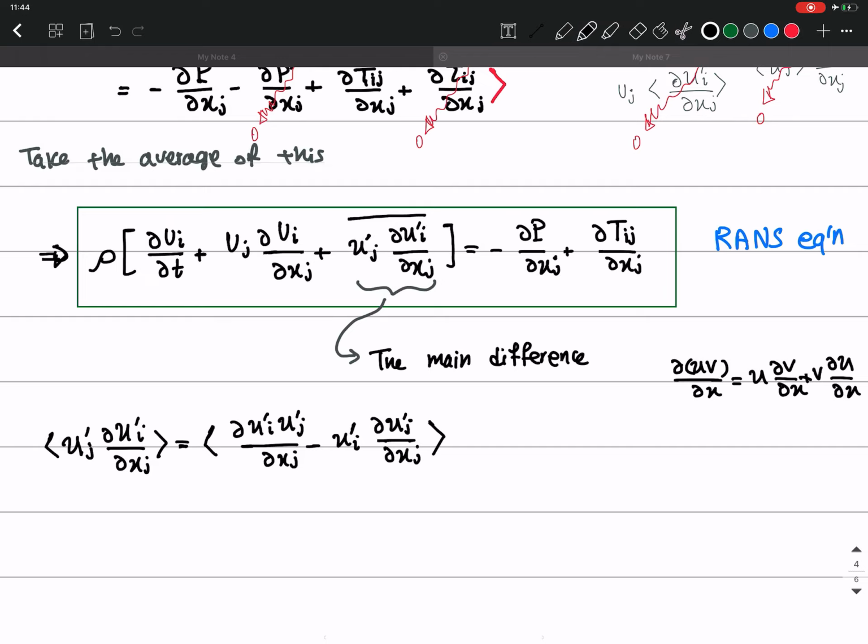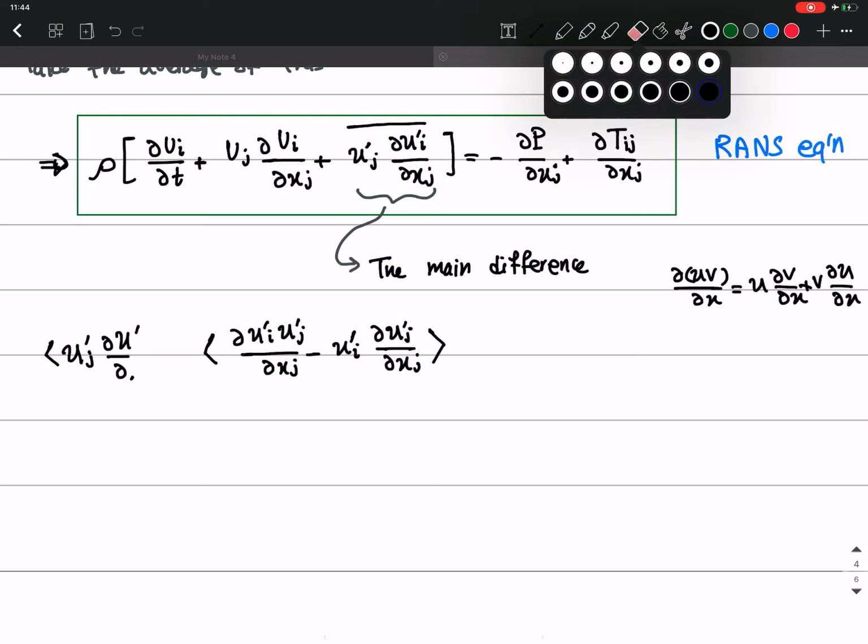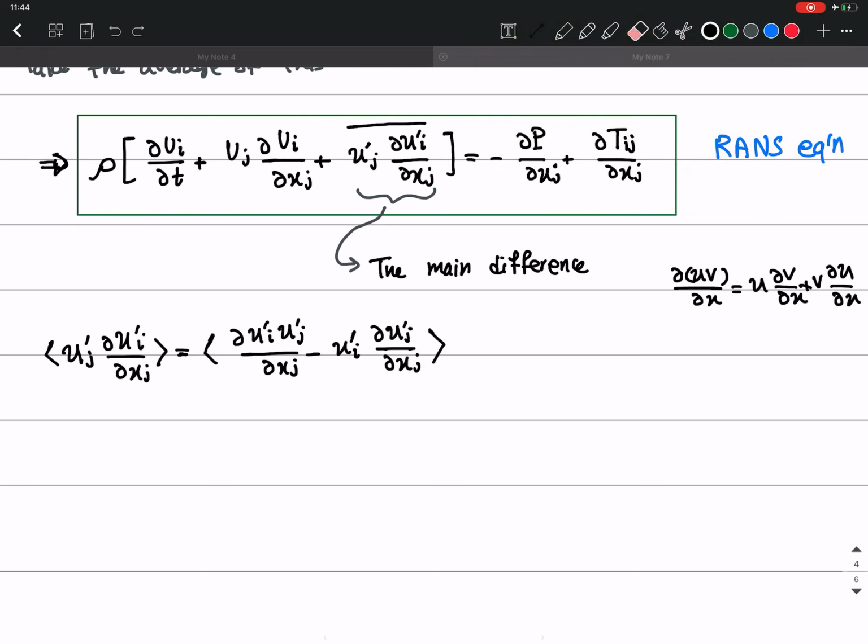So we can rewrite it: this equals partial u prime i u prime j, bar, over partial xj minus u prime i partial u prime j over partial xj.